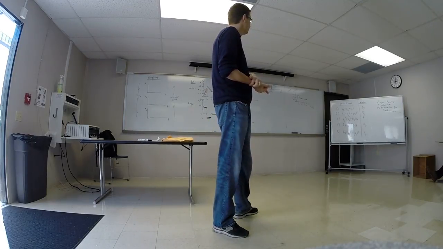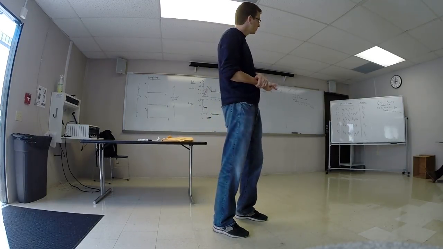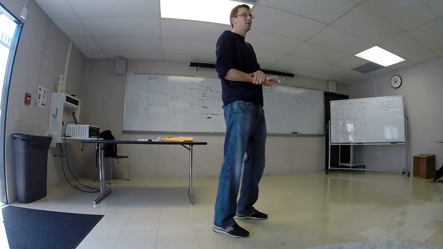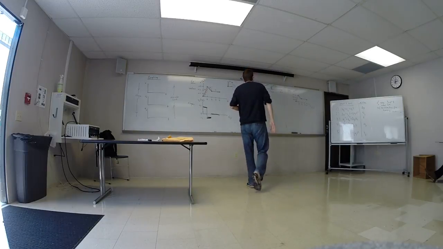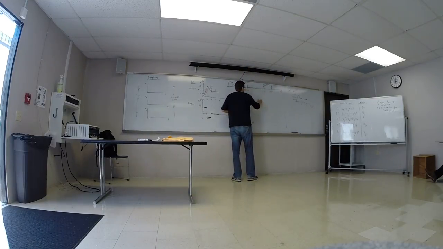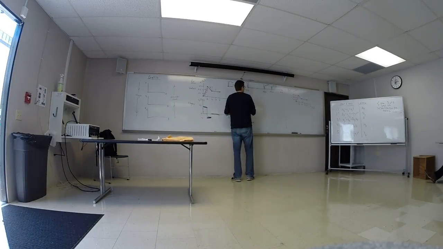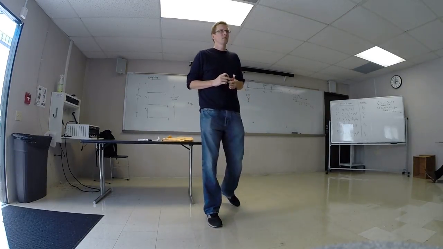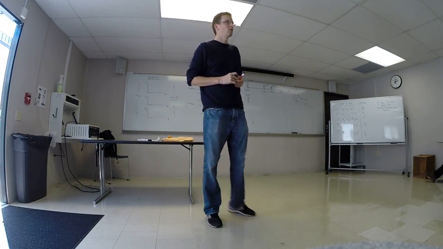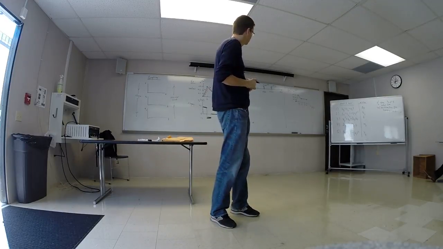The first thing I want to do is plot what this is telling me. All right. So what is this telling me? It tells me that at t equals 0, I have a velocity of what? 0, right?